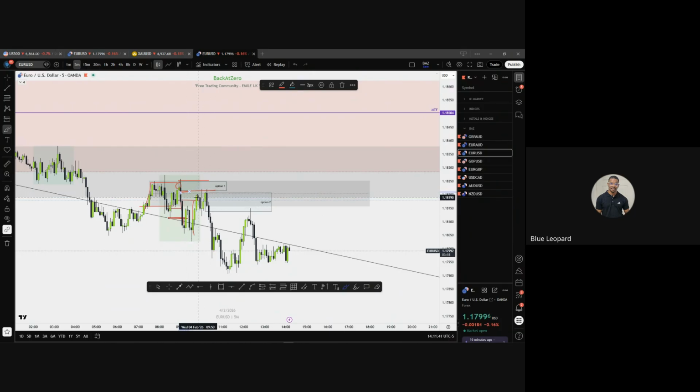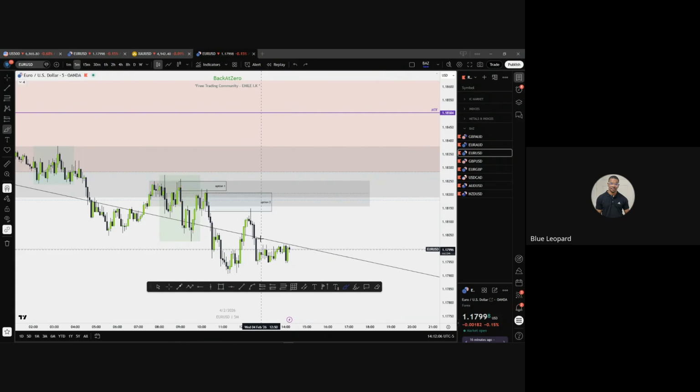I just want to see price create another engulfment. The first one that I have is this one here, and price came back here around midday, like 12:20, and here it's around 10:15. And you had 2 trades today. You could have entered on Euro USD during the New York session.